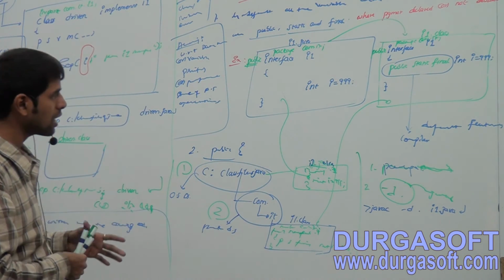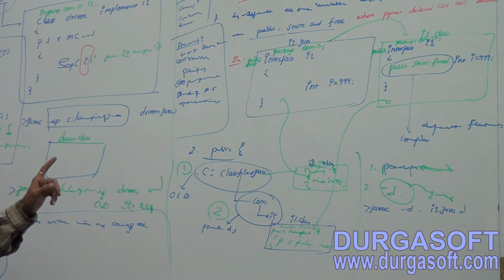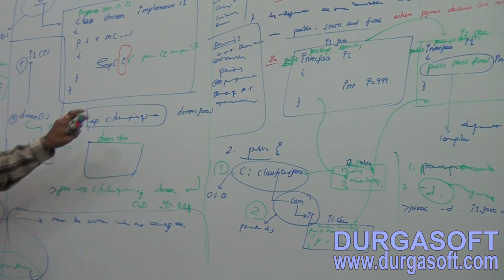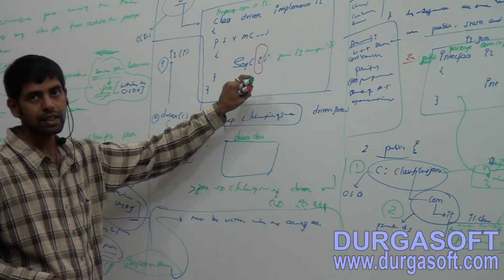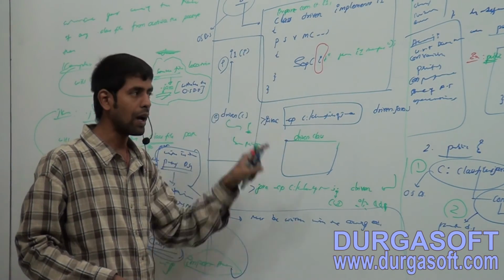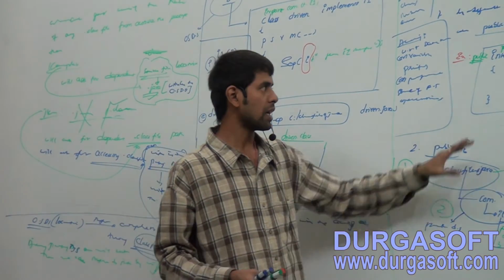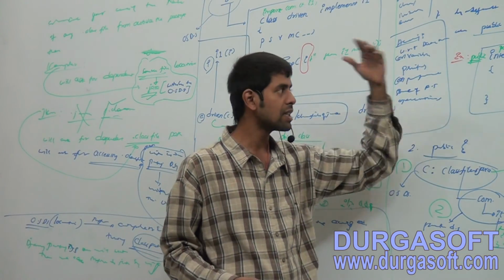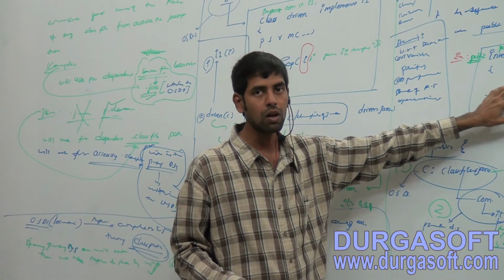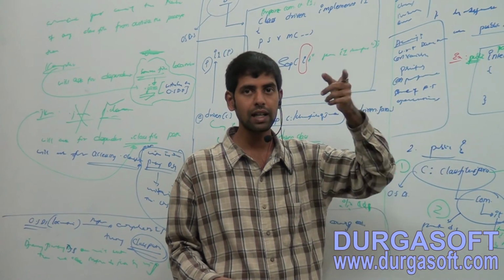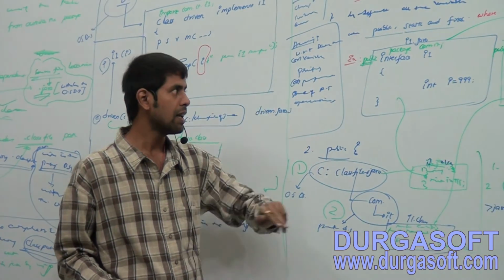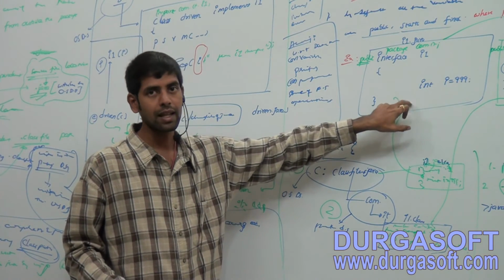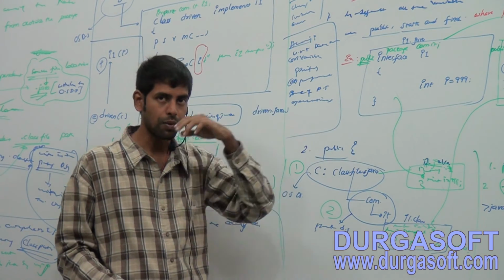Now observe, I am going to compile this. If it is not public, can we access the variable i of the I1 interface from outside the package? Observe, by default they are public static final. Here, what is the access modifier for this variable?